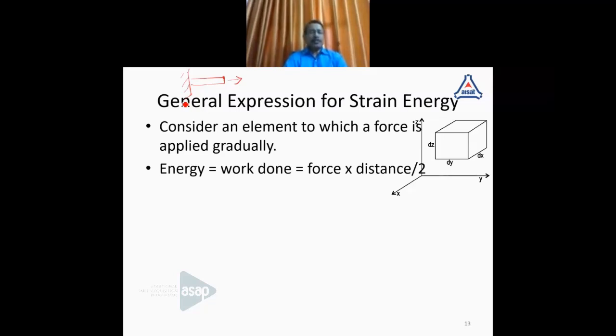In the previous case also we considered that the load is applied gradually. Now the work done is force into distance by 2, because the load initially is 0 and gradually it reaches the maximum value of, say, P or some other quantity.